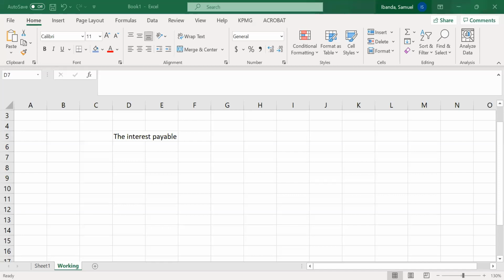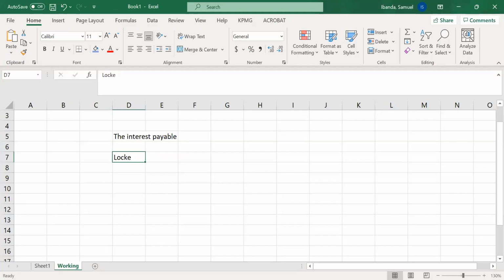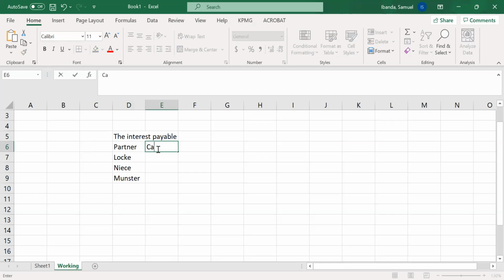You just list the partners the way they are: Lucky, Nins, and Monster. So this is partner, this is capital, and this is their interest on capital.